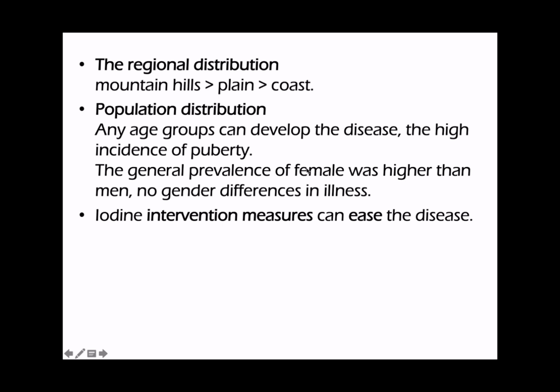Also, the prevalence in females is generally higher than in males, but there's no gender difference in illness. Finally, iodine intervention measures can ease the disease. That means that if someone starts to take pills with iodine, or starts to eat more fish, the disease can be eased or reversed.